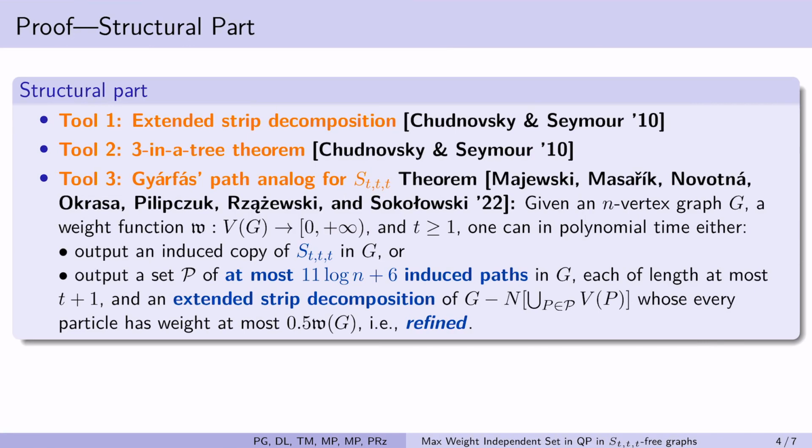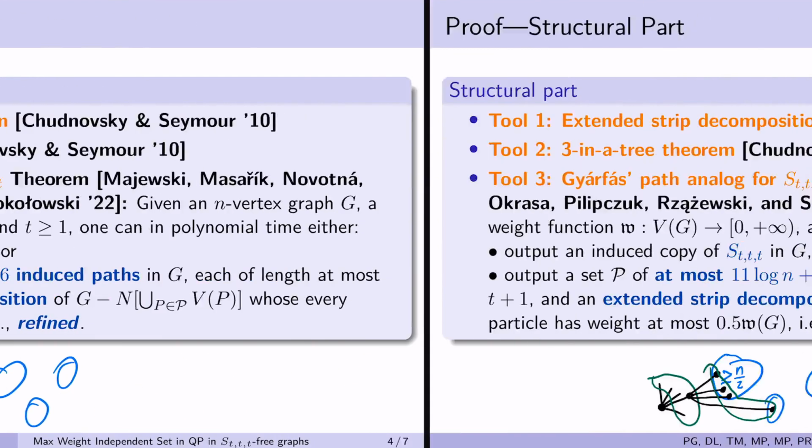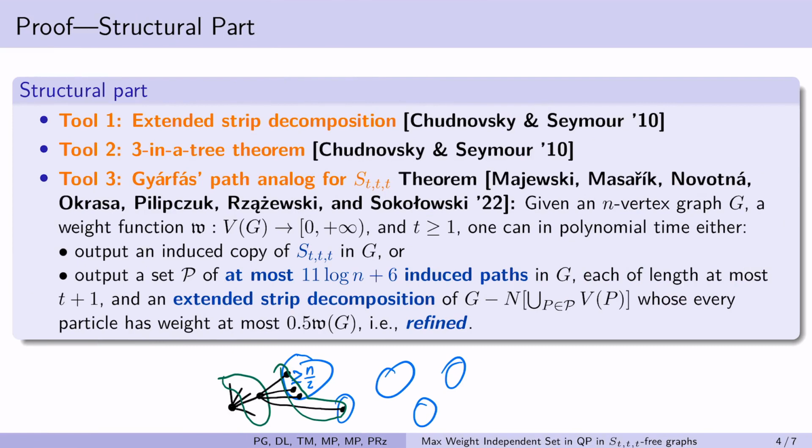If you are not familiar with the Gyárfás path, let me mention the argument first. We start with some vertex and we remove its neighborhood, and then the rest of the graph splits into connected components. Maybe just one component, but at most one of such components will have size more than n/2, or weight more than half.